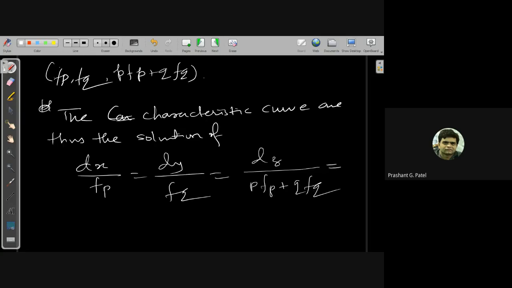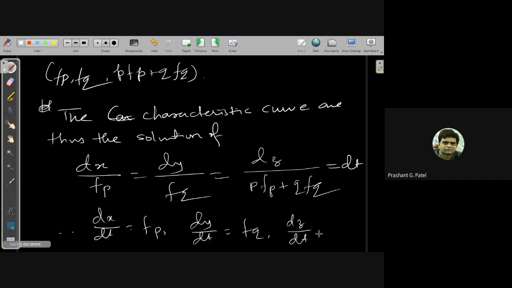If I say this is equal to dt, then we have dx upon dt equal to fp, dy upon dt is equal to fq, and dz upon dt is equal to p fp plus q fq.